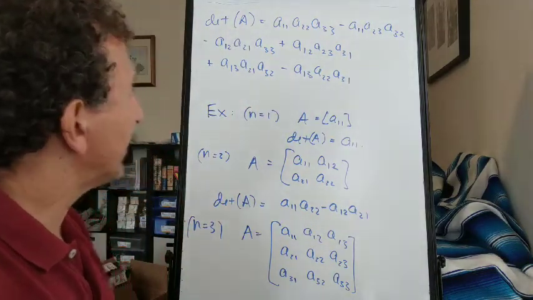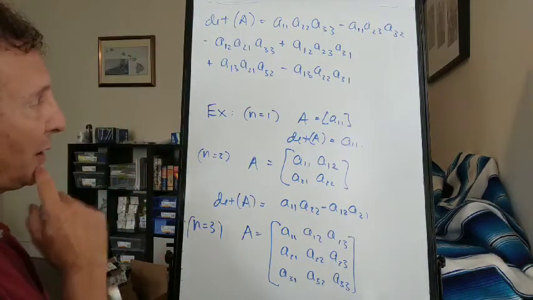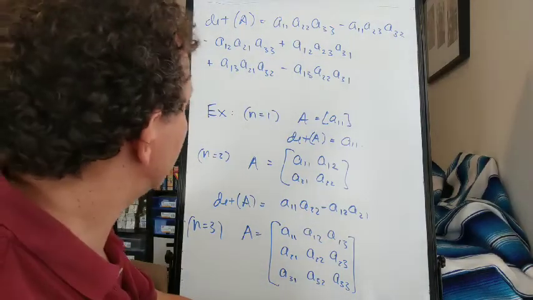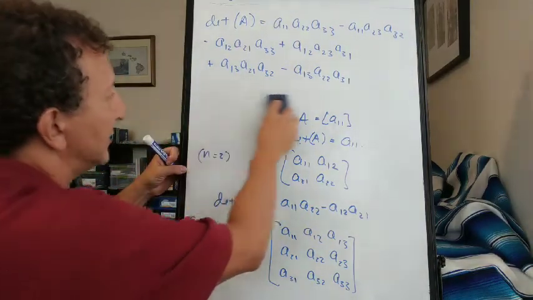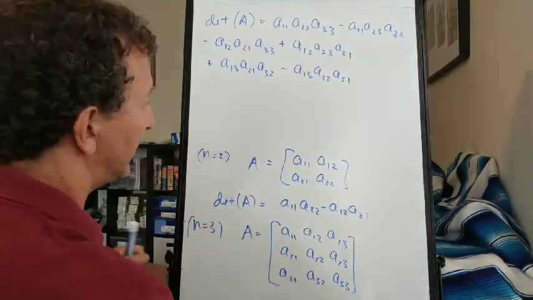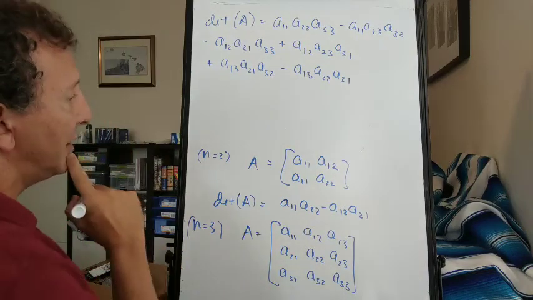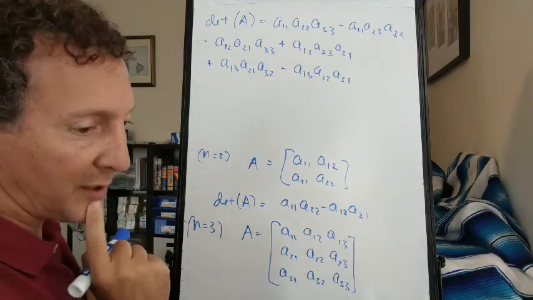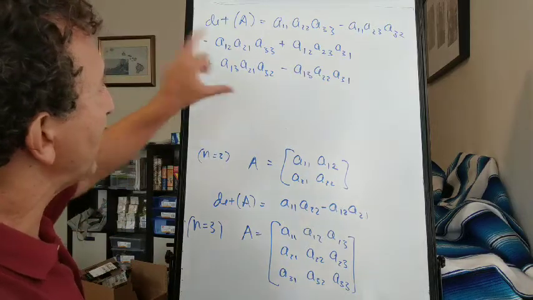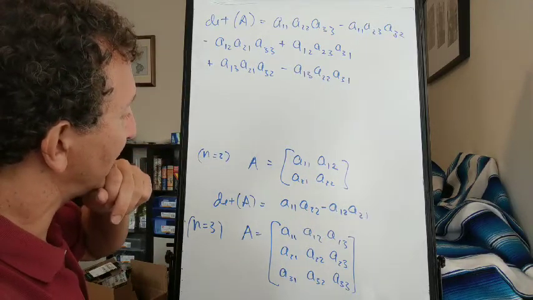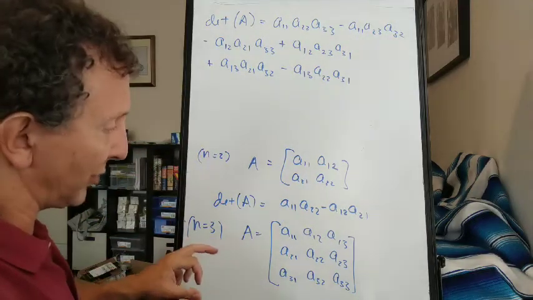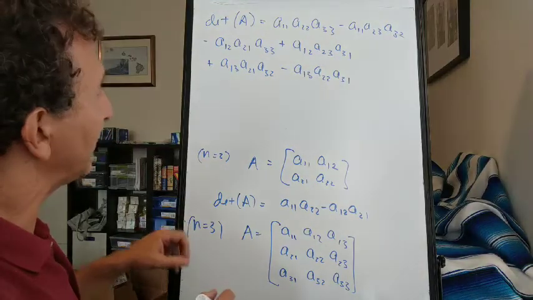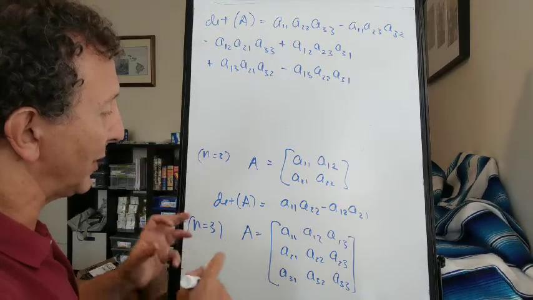Now this might look a little bit hard to memorize, but we can draw some pictures that will help. One thing you might notice is that every term in the determinant corresponds to choosing one entry of the matrix in such a way that we've got one entry from each row and one entry from each column.